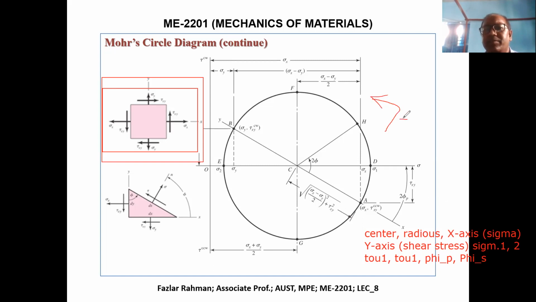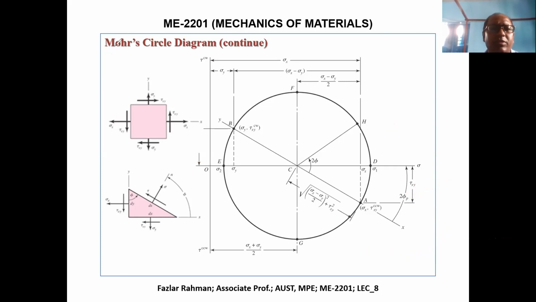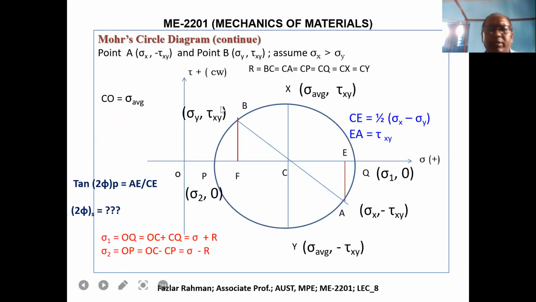But in the Mohr circle, if shear stress rotates clockwise, then we call it positive. That's a little bit different right over here. Okay. So if shear stress is clockwise, then it is positive. So let's review the sign convention, what signs we will use.